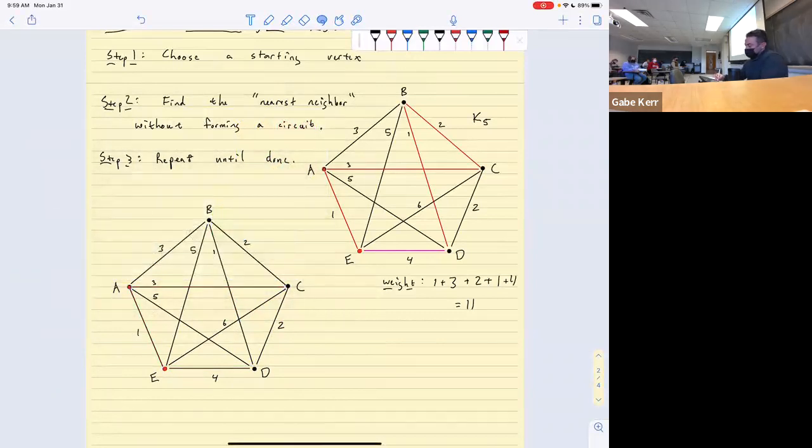So if I choose A now as the starting vertex, now I'm going from A to E, right? I go from A to E. That's the smallest. If I look at all these edges, I get 3, 3, 5, and 1. So the nearest neighbor here is E.